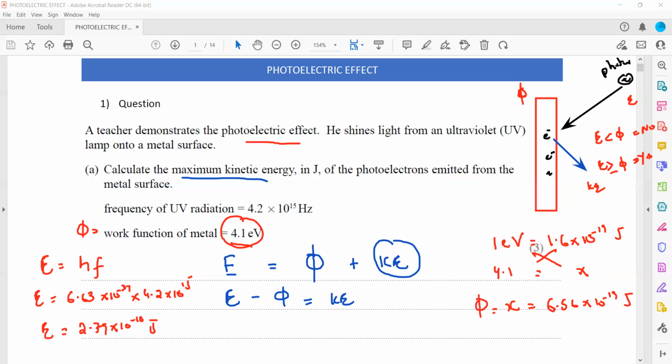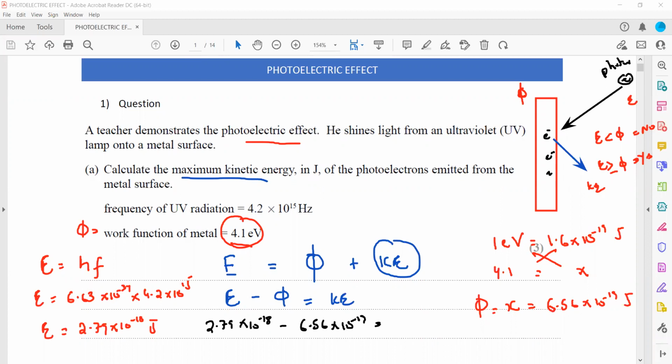So we have the work function, and we have the energy of the incident photon. We subtract to calculate the maximum kinetic energy. The energy was 2.79 × 10^-18 minus the work function 6.56 × 10^-19.